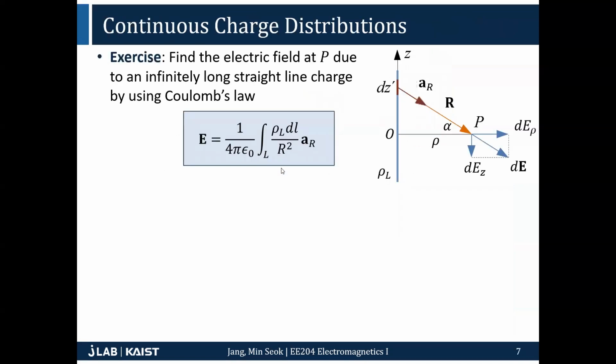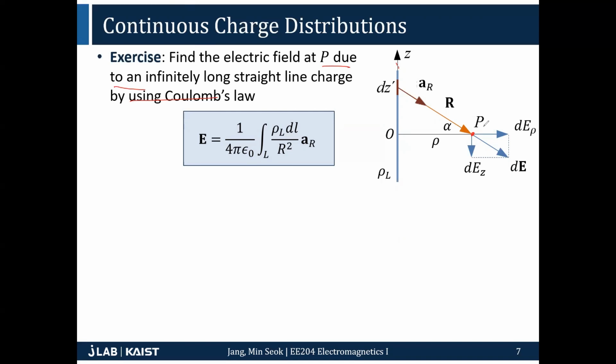So, continuous charge distribution. Let's first do the line charge. As you can see here, this exercise asks you to find the electric field at point P due to an infinitely long straight line charge by using Coulomb's law.